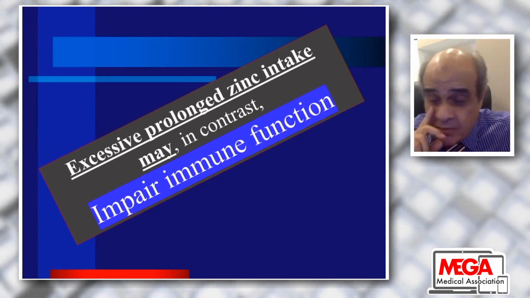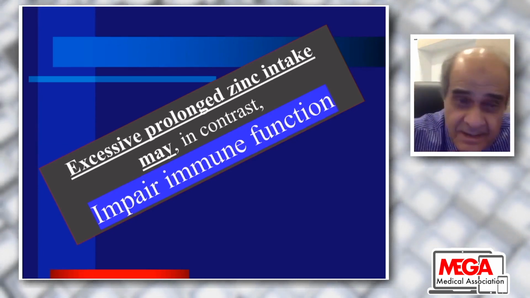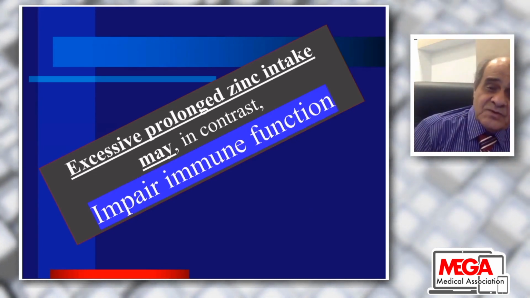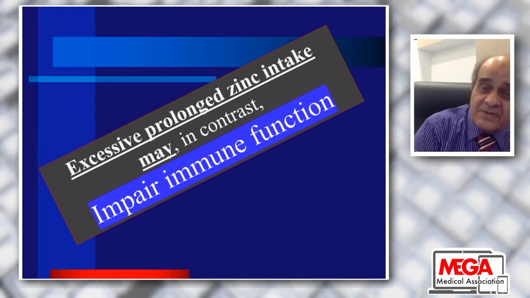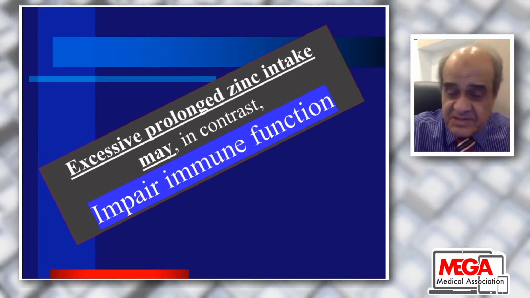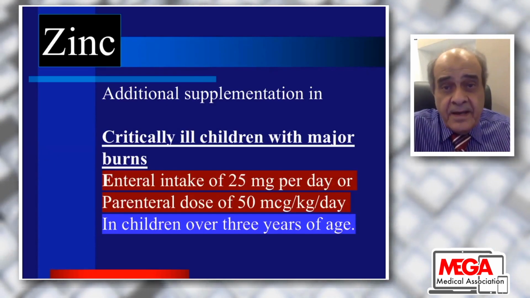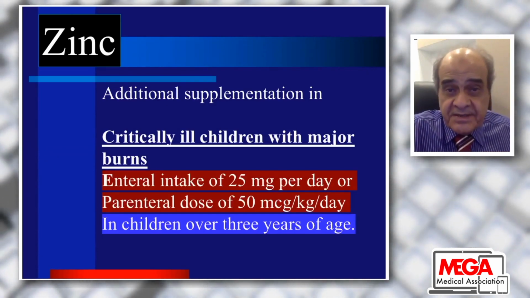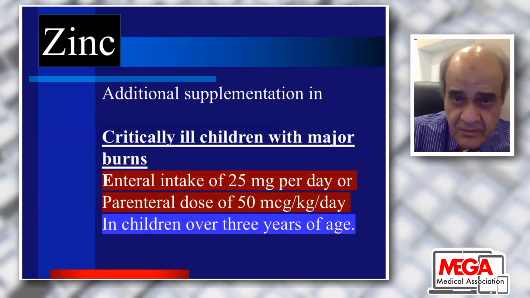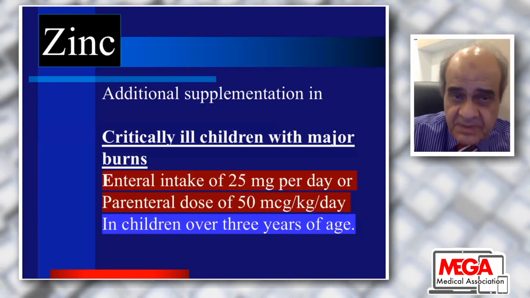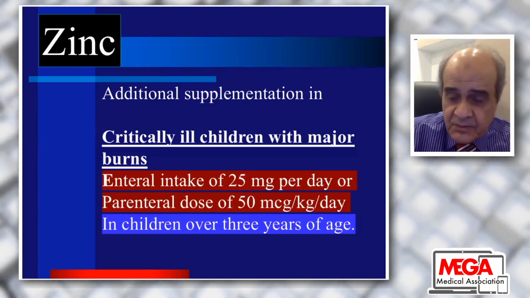Many patients nowadays consume too much zinc, and this is very dangerous. One of the main problems is copper deficiency. Additional supplementation is indicated in critically ill patients, as I told, 25 milligram per day or 50 microgram per kg per day for parenteral dose, especially for pediatrics.